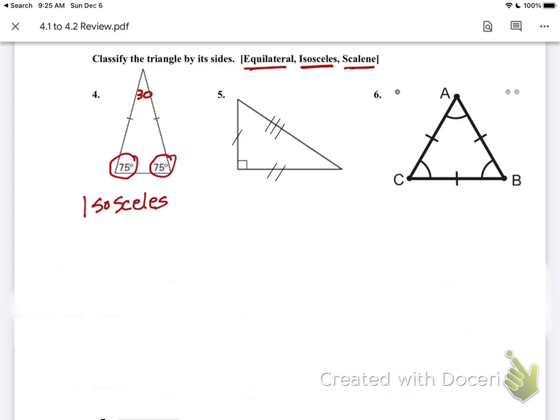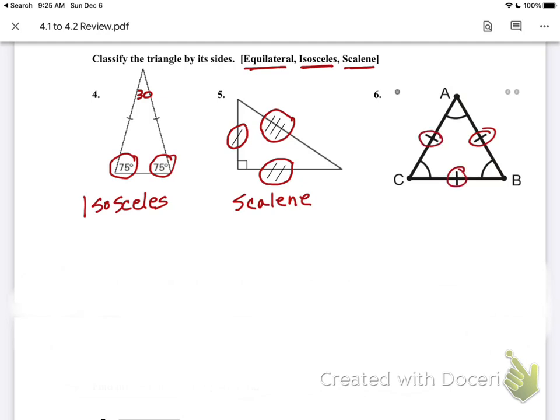Okay, looking at the next triangle depicted in question number 5, I see that this side has hash marks of 3, this has hash marks of 2, and this has hash marks of 1. That means that you have 3 different lengths, and that makes this scalene. Okay, the last one has every single side equal.